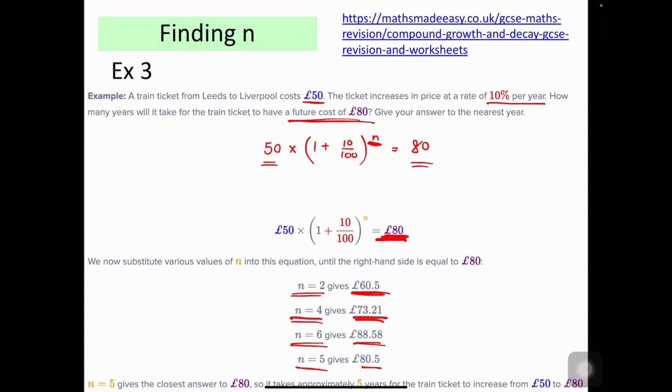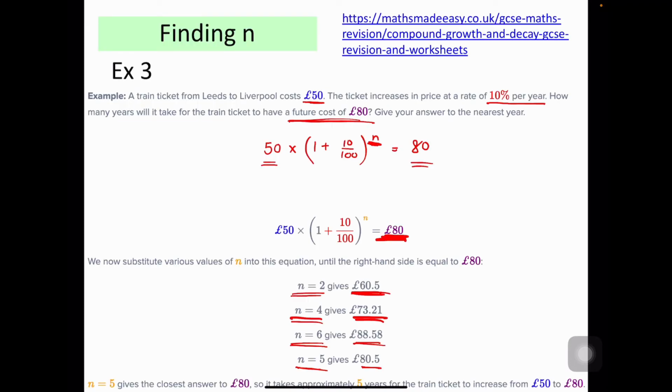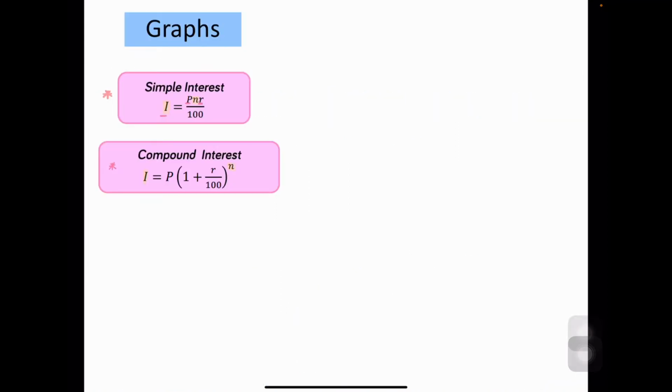So it takes approximately 5 years for the train ticket to increase from £50 to £80. Of course, if you want to do further practice, then feel free to click on this link and you will look at similar examples if you're still stuck.